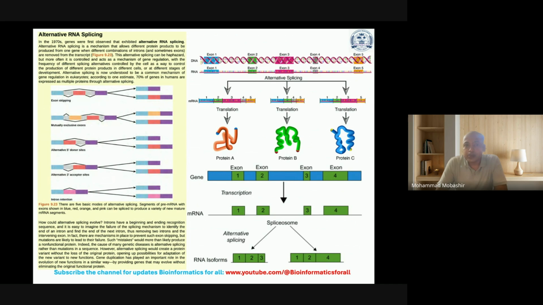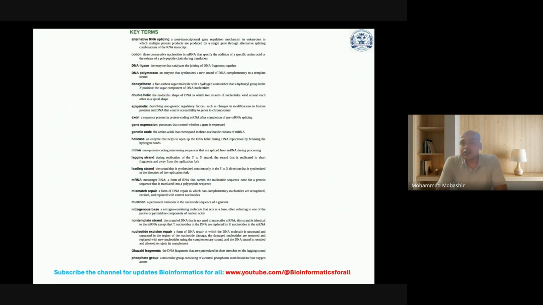This alternative splicing can be haphazard, but more often it is controlled and acts as a mechanism of gene regulation with the frequency of different splicing alternatives controlled by the cell as a way to control the production of different protein products. Now, so there are some key terms which you need to understand.